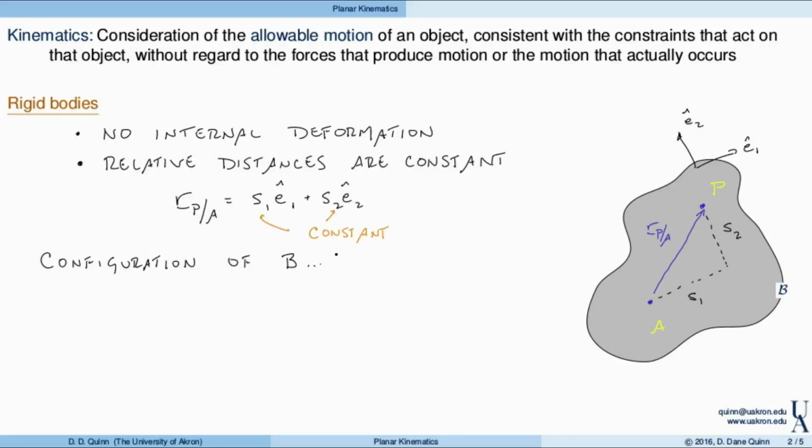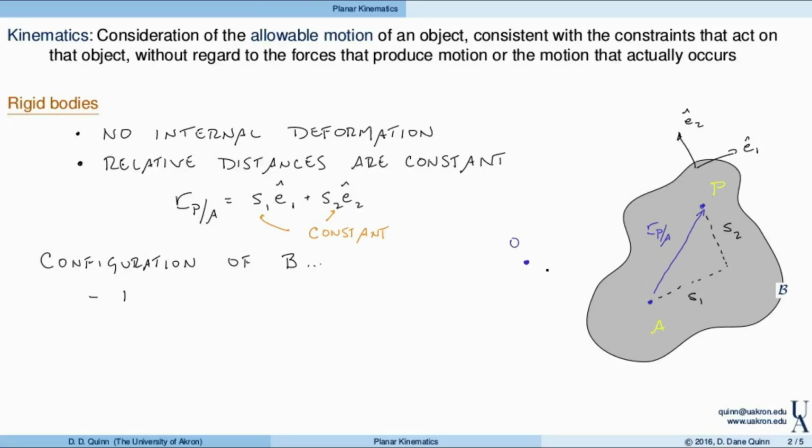Well, we're going to do this in general for planar objects with 3 coordinates. And essentially, it might be the position of A. So let's imagine that we have an origin out here in the ground.